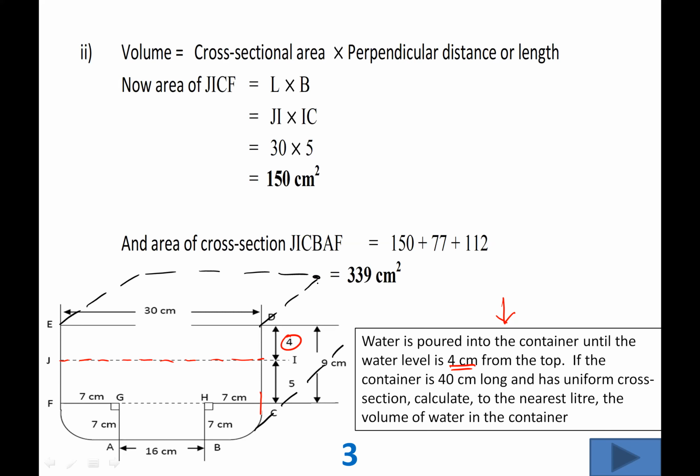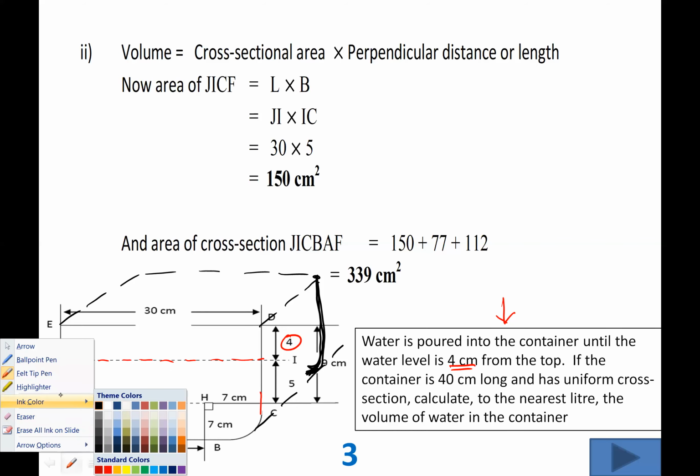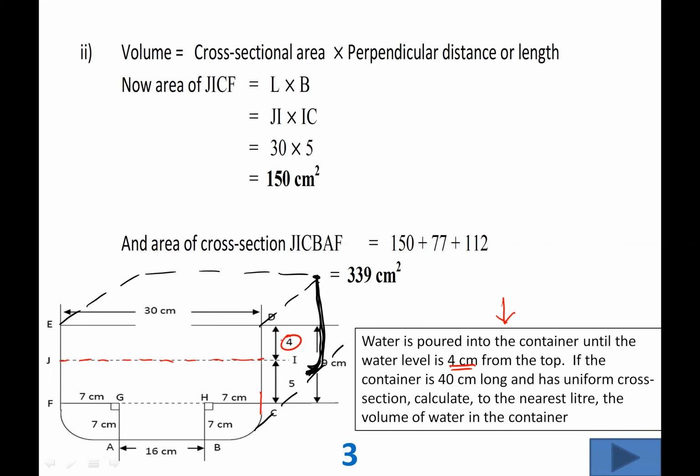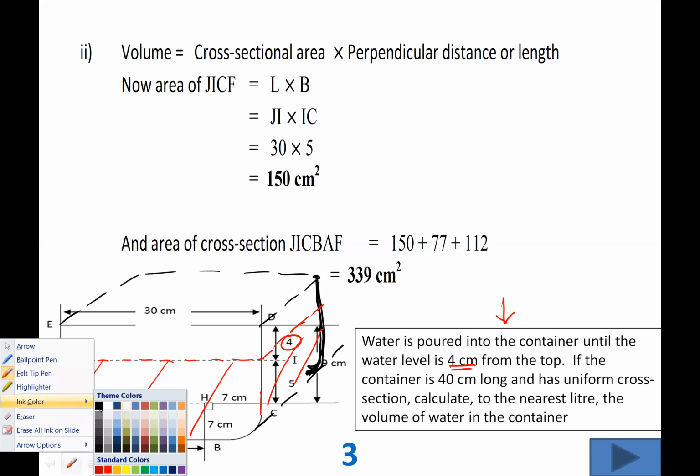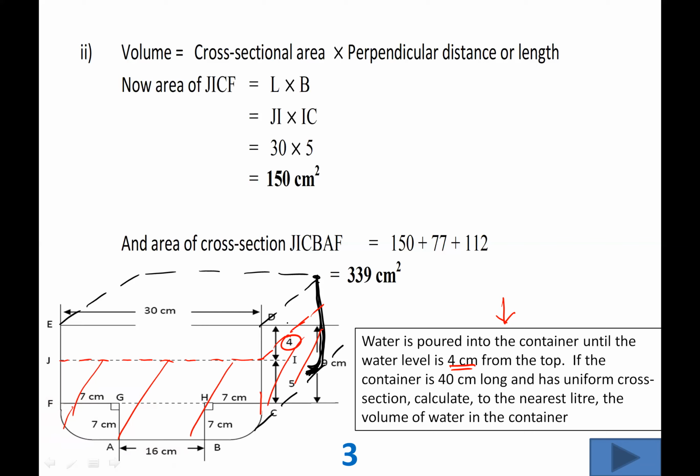So what they mean is that this container is like that, and it's filled up to 4 centimeters from the top with liquid. But the length is 40 centimeters long. So that means that this here on top is 40 centimeters long.